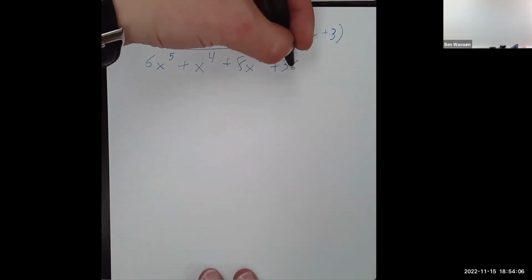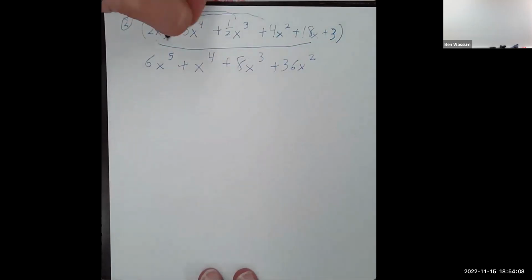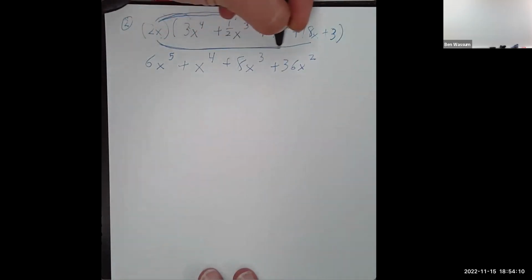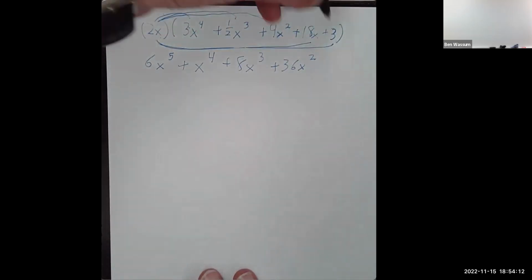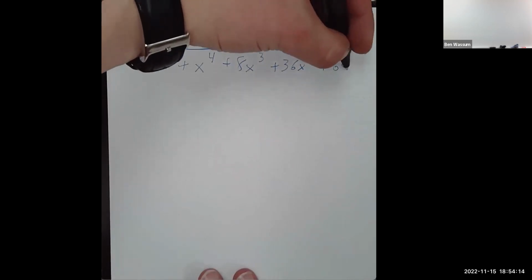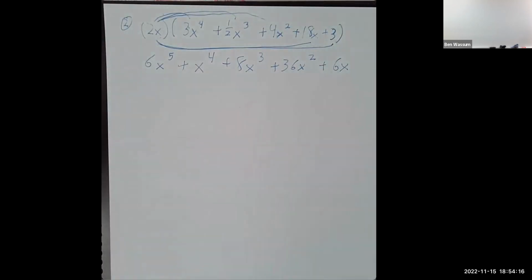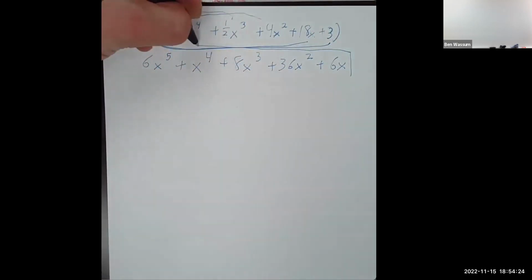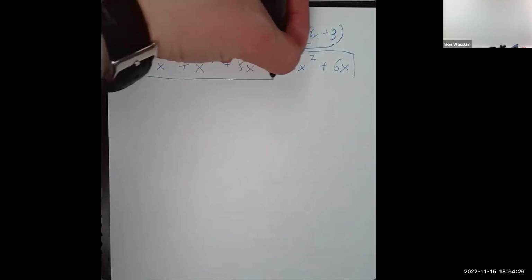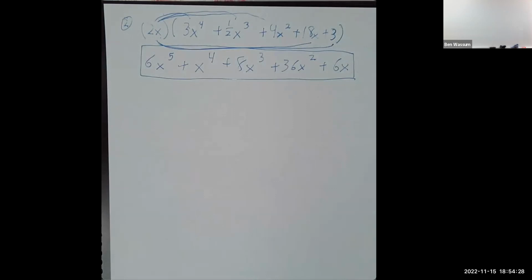Get 36x squared. And then 2x times 3 plus 6x. We have no like terms. So even though this thing's nice and big and ugly, we got it done in one step. Not bad, right? It's really just all about the distributive property.